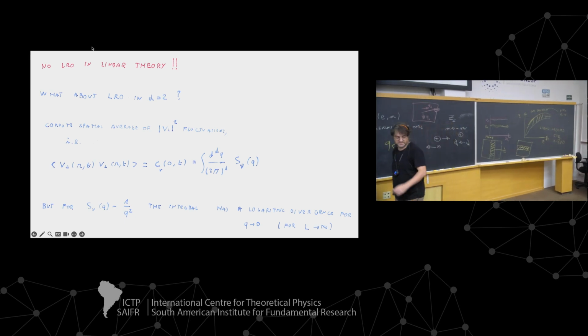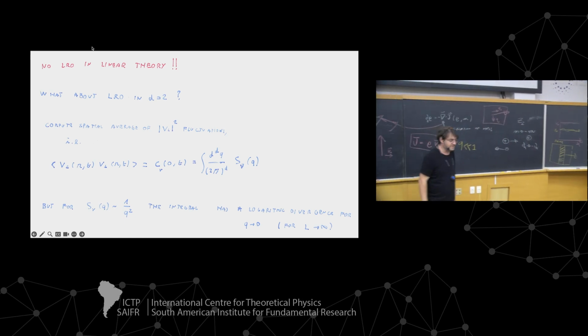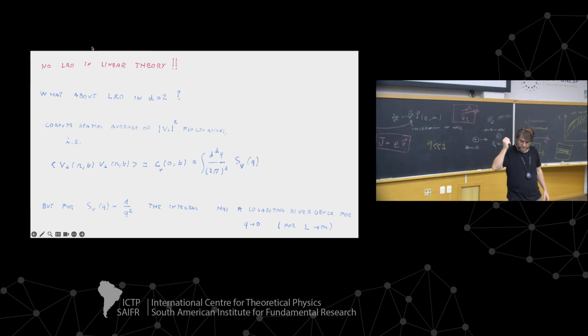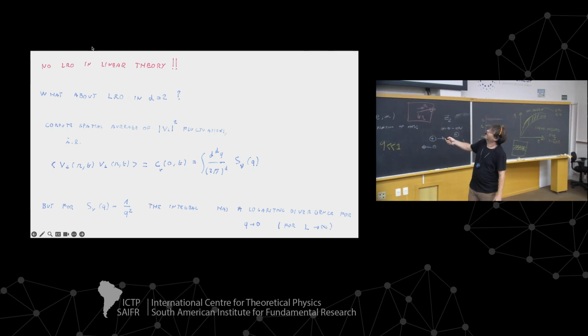Now, what happens if you integrate, so there is no Lagrange in 2 dimension, of course. What happens if you integrate 1 over q squared in 2 dimension? Does it converge or not?